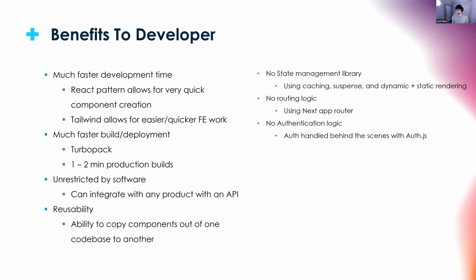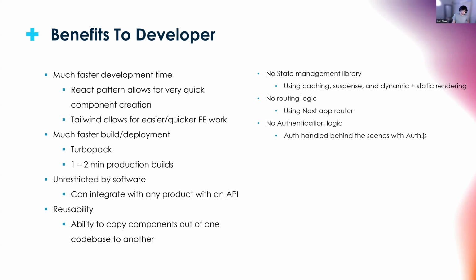Just using the caching, the suspense boundaries, the dynamic static rendering, all of that, we were able to get away with a commerce solution with a mini cart and checkout without using a state management library. Everything's an individual component, and we have fetch memoization. So you can basically call get cart 10 times on a page, but only the first call is the one that actually gets sent.